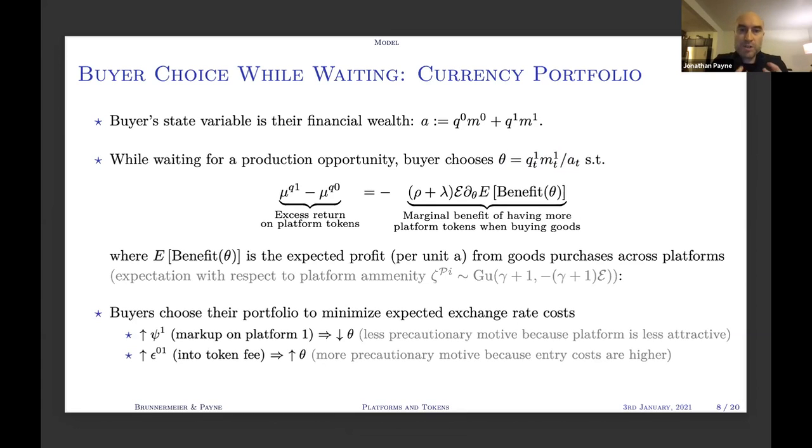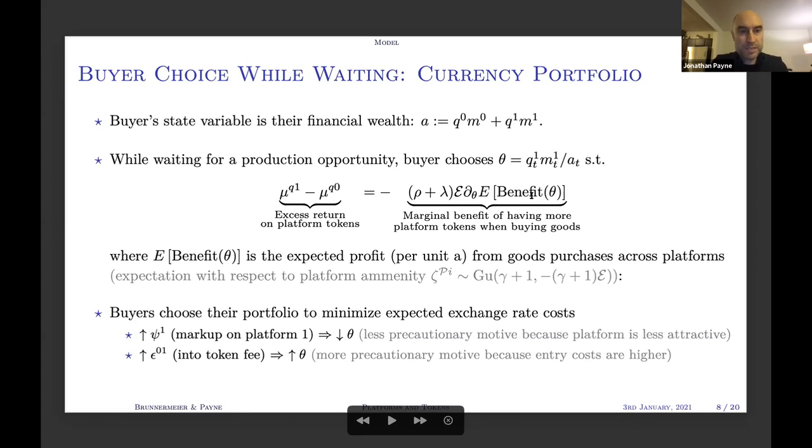And ultimately, when we solve this problem, we end up with a portfolio allocation decision that looks very similar to the standard literature, in the sense that the buyer chooses their portfolio so that the excess return on platform holdings, that is the drift in the price of tokens minus the drift in the price of money, is equal to the marginal benefit of having more platform tokens when they buy goods.